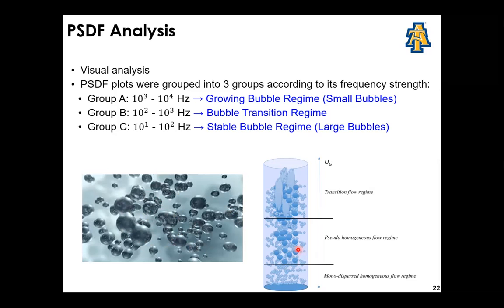Then here it shows the growing bubble regime, where small bubbles are predominantly present. And when we move up the column, we find the bubble transition regime, where they are transiting.